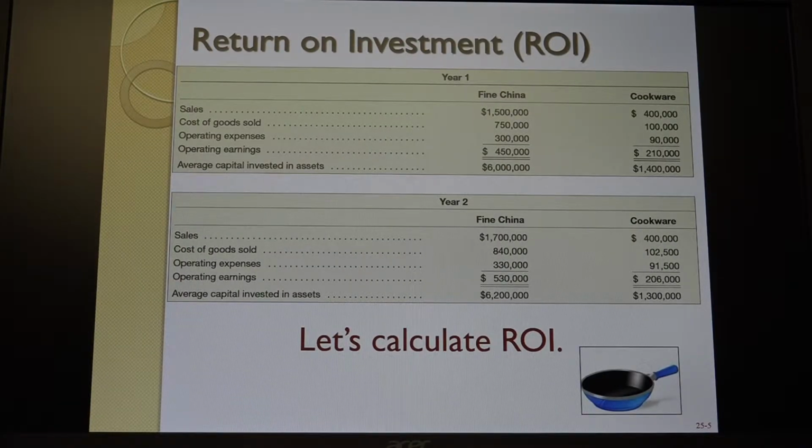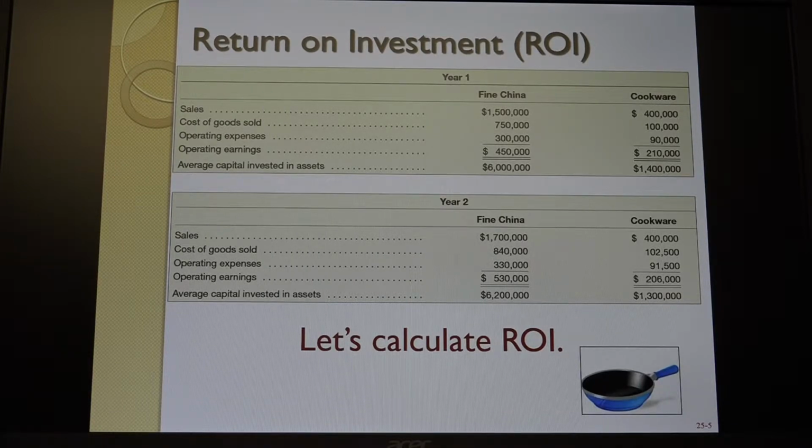And so here we have an example, and I think it's the same example they use in the book. We've got two segments of a company, fine china and cookware. And so here you've got year 1 and year 2.